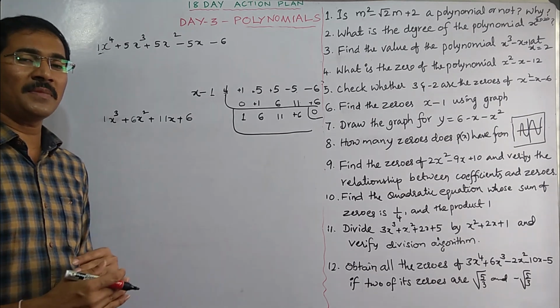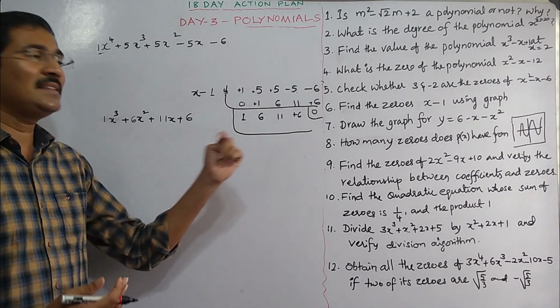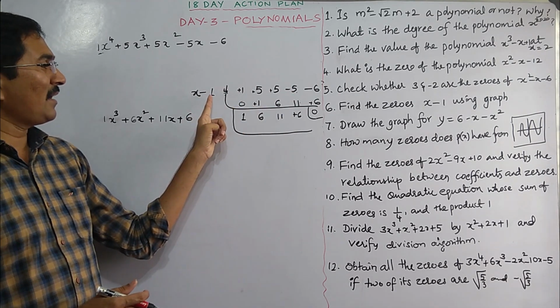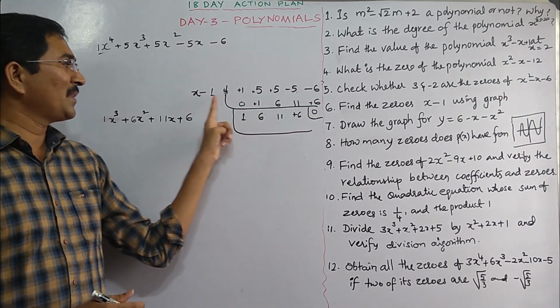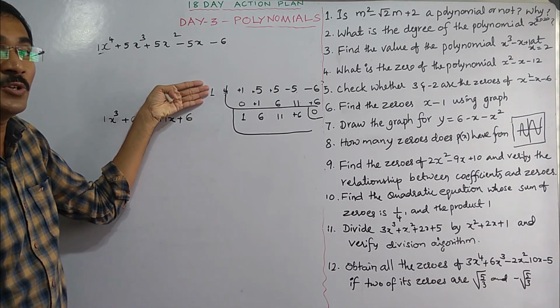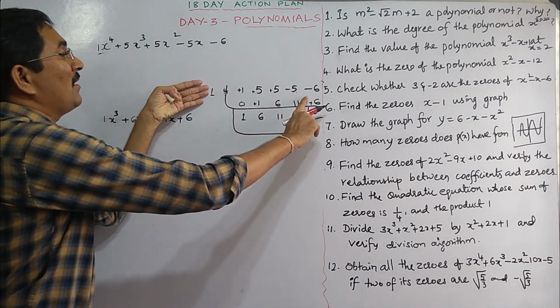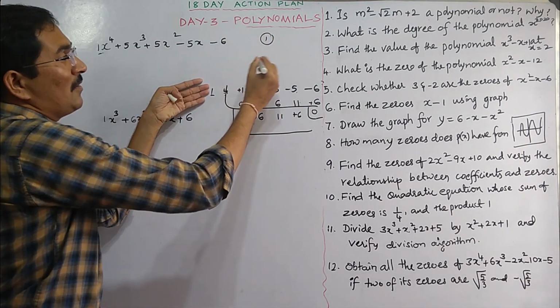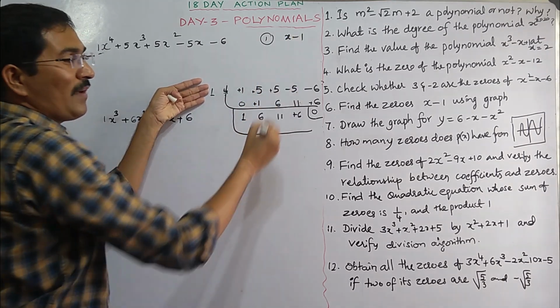But before reaching a maximum of 4 or 5 values, you will get the answer. So now you divided this one by x minus 1 and the 0 is the remainder. Therefore, x minus 1 is a factor of this one, which means 1 is a 0 of this polynomial. So to this, 1 is a 0, which means x minus 1 is a factor.